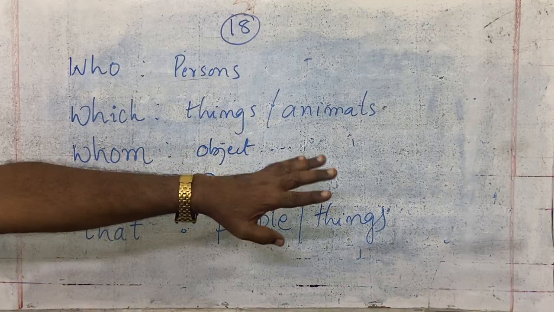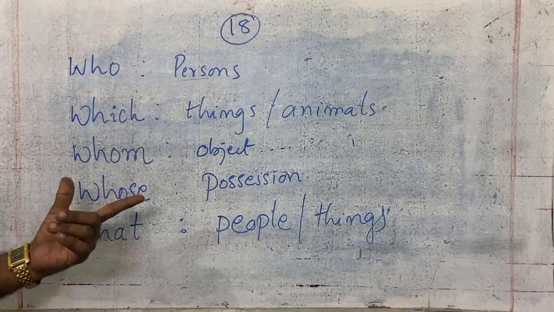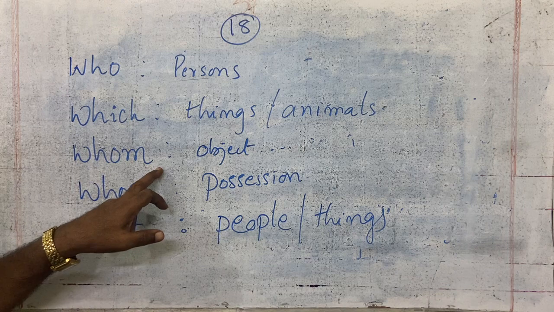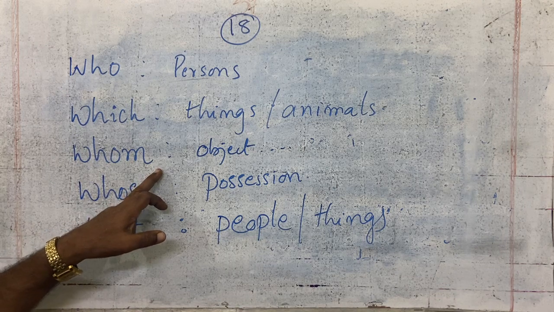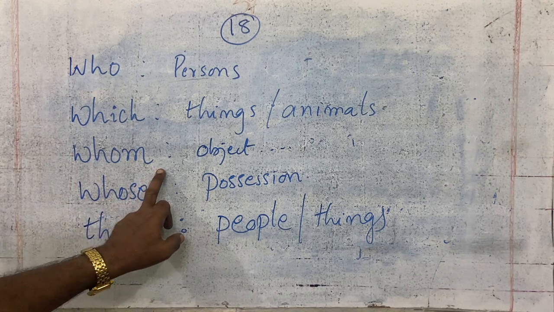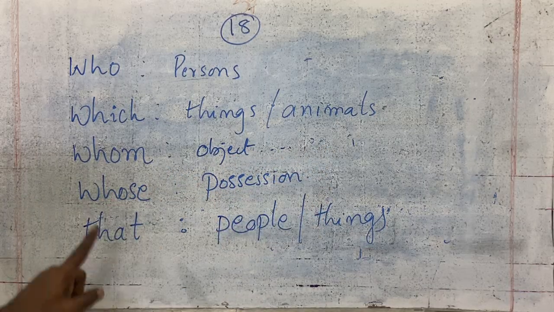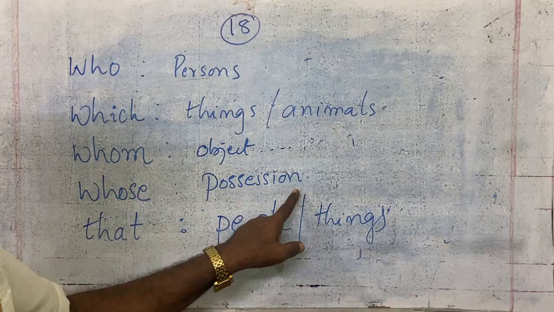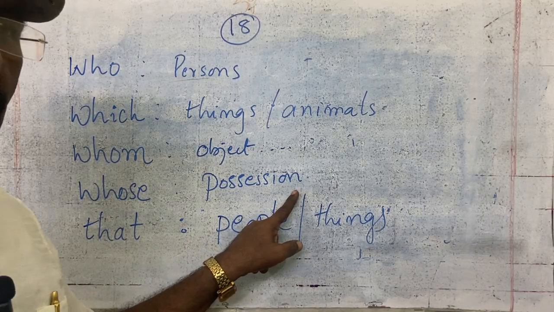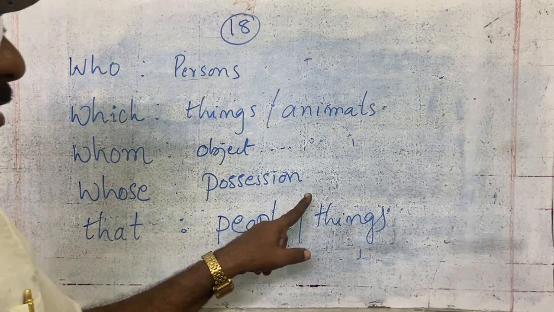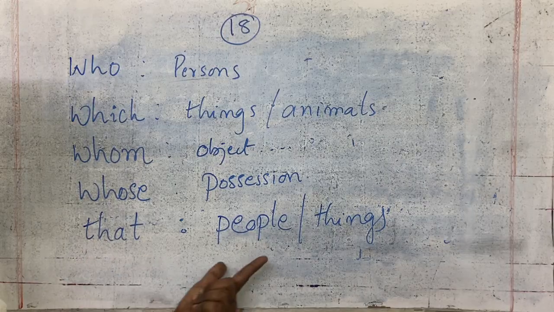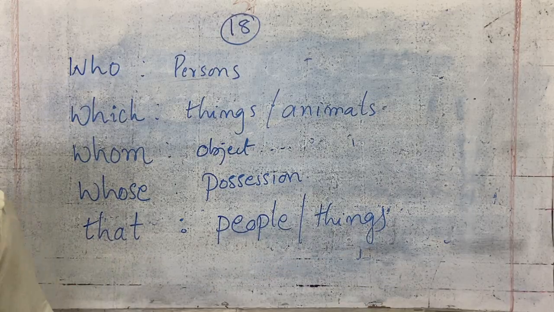Which, things or animals. Whom is used for people, typically as the object of the verb or the preposition. Next, whose, in case of possession: his, her, your, their. And that is used for both people and things.